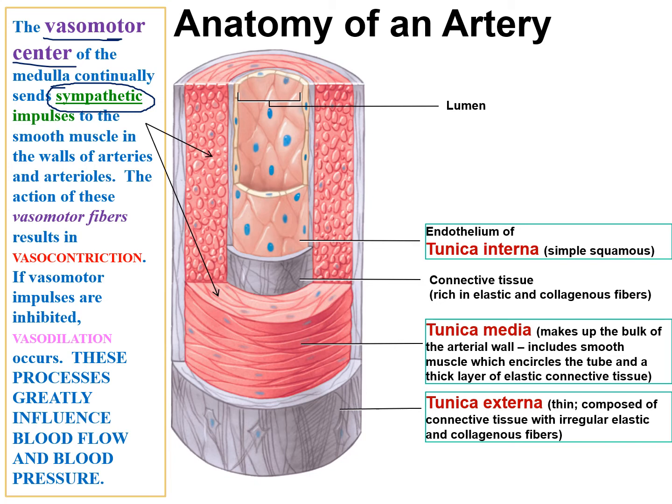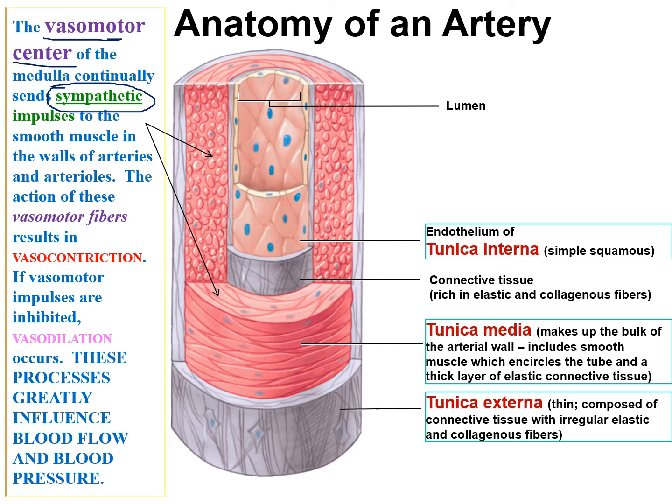It's going to cause the smooth muscle to contract. And when you have vasoconstriction of the smooth muscle in the tunica media, the result is that the lumen gets smaller. And if the lumen gets smaller, that's going to result in greater blood pressure through that artery.